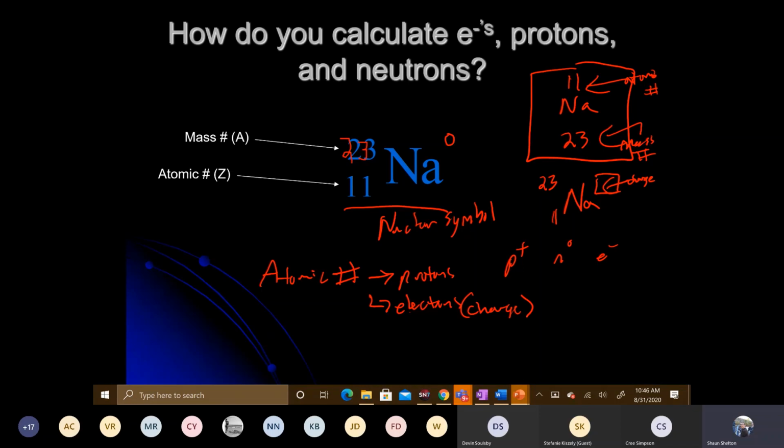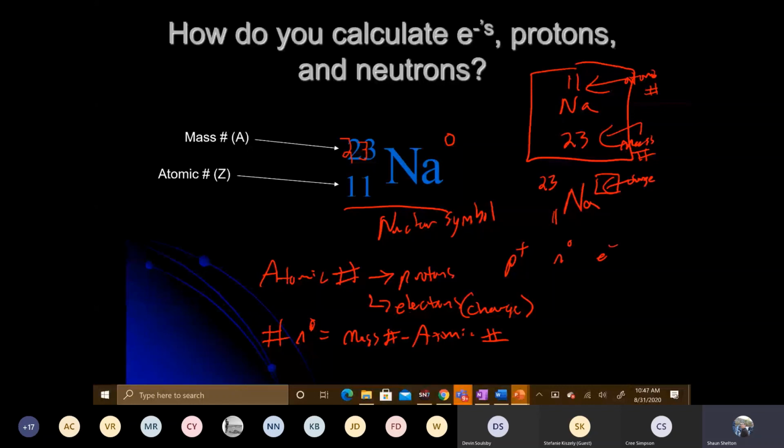We'll look at that probably on Wednesday. To determine the number of neutrons, we take the mass number and subtract the atomic number from it. That's the simple way of doing that.